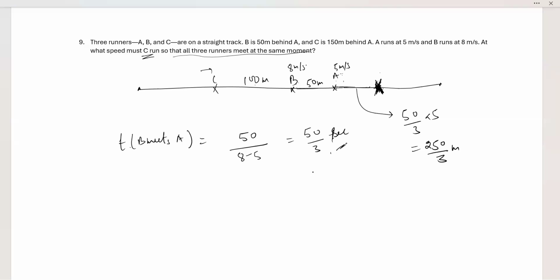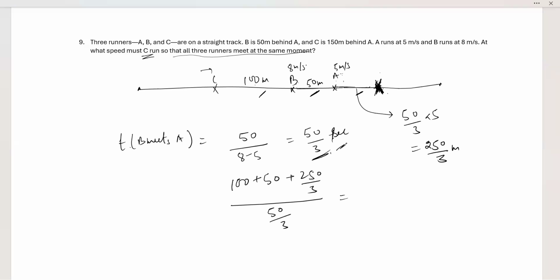So for all of them to meet, if B and A are meeting over here and C is to join them, C has to cover this distance within this much time. So how much is this distance? C has to cover 100 plus 50 plus 250 by 3 in 50 by 3 seconds.